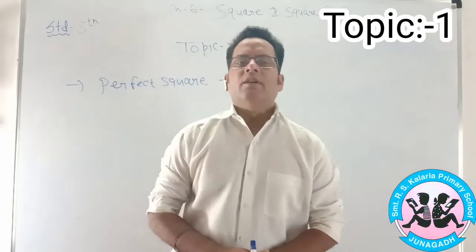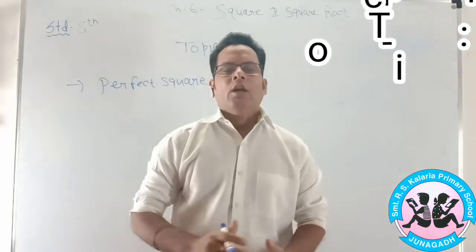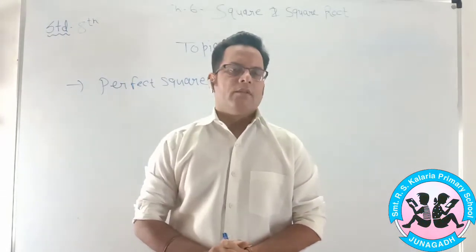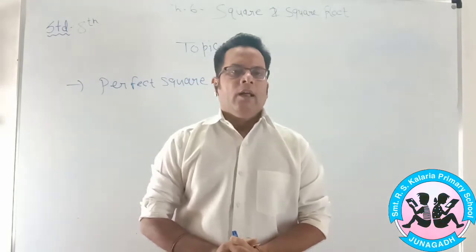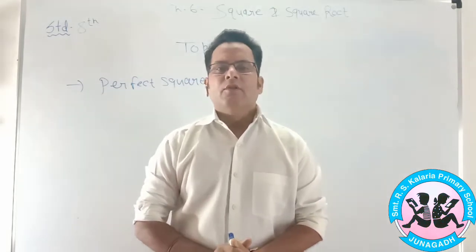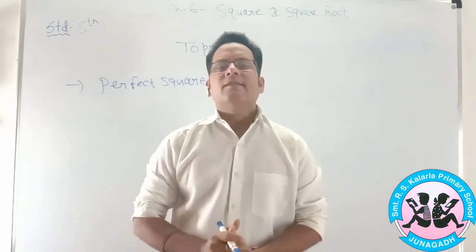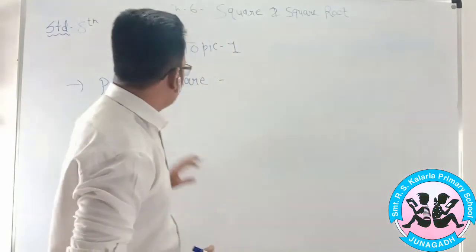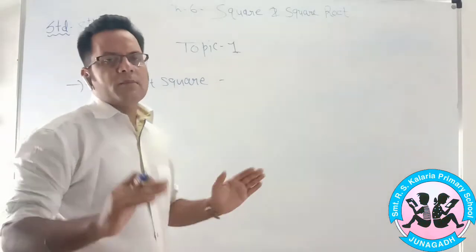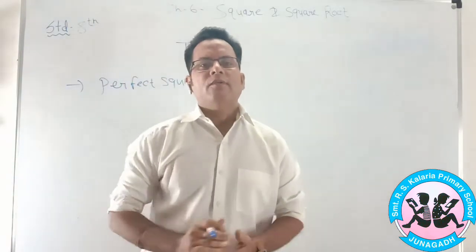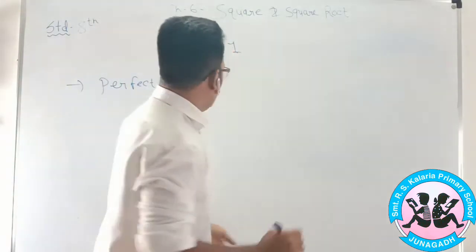Topic number 1, students. First of all, we have to understand the terminology. In this chapter, first of all, we talk about perfect square. What is a perfect square? A perfect square is a product of two same integers.